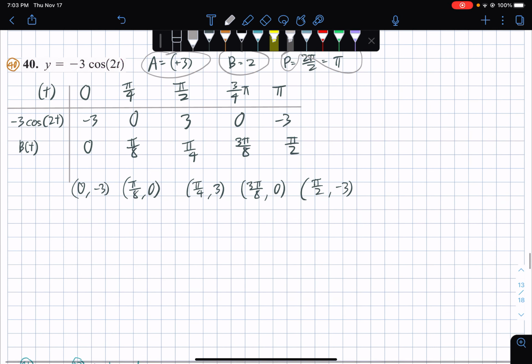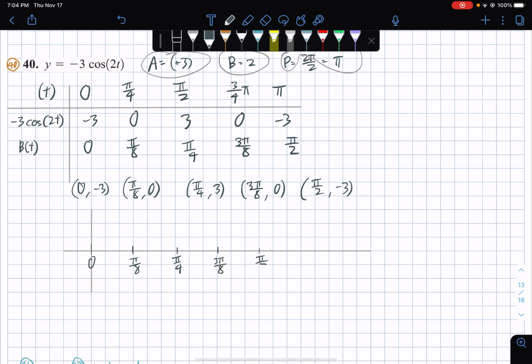Now, let's make a graph from those coordinates. We have 0, pi over 8, pi over 4, 3 pi over 8, and pi over 2. The amplitudes are as follows.